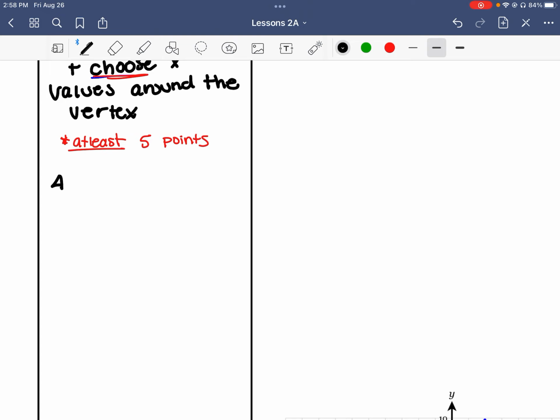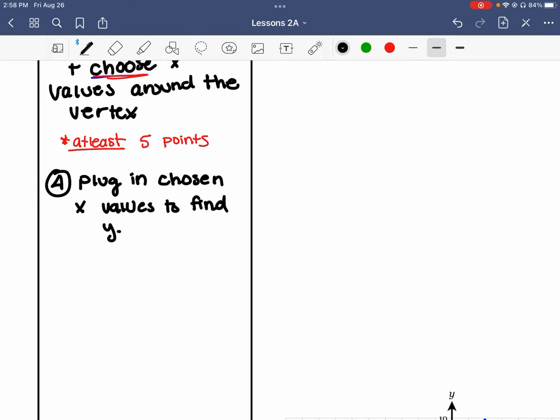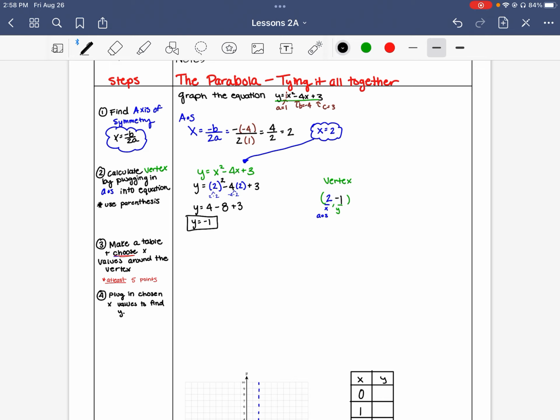Now the last step is I'm going to have to plug in my chosen x values to find y. So it's very similar to step 2.